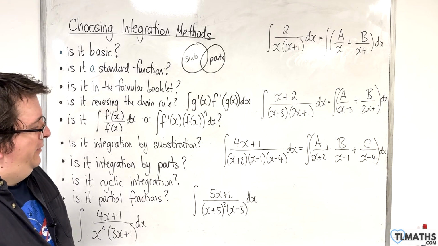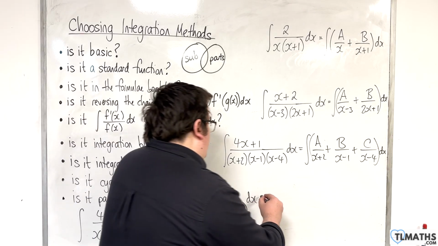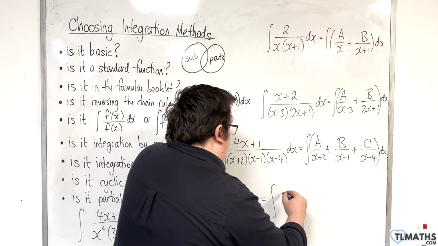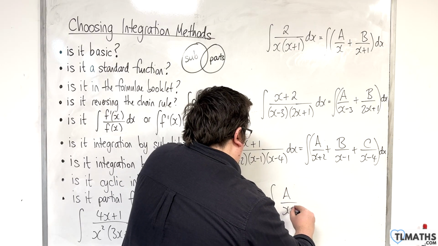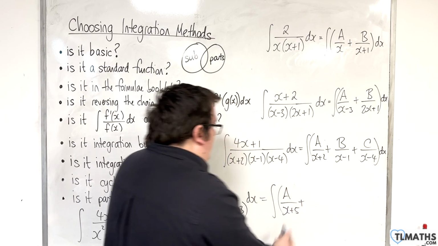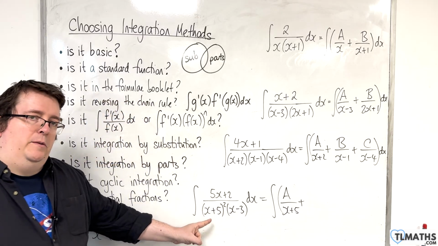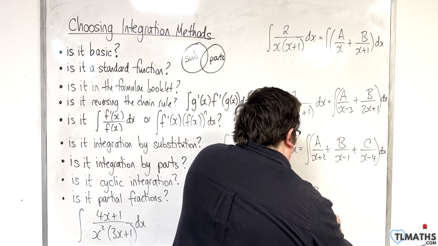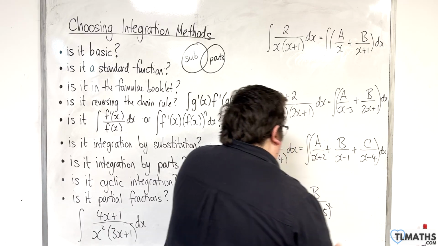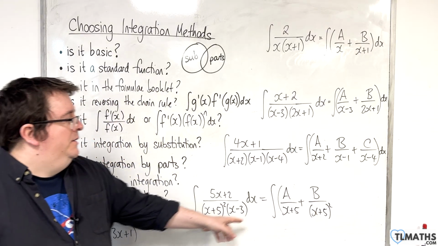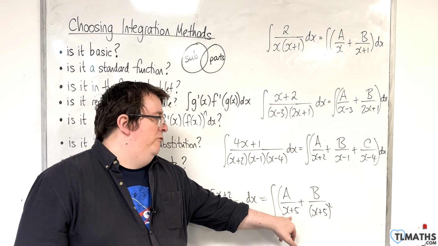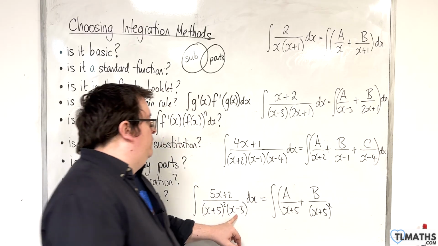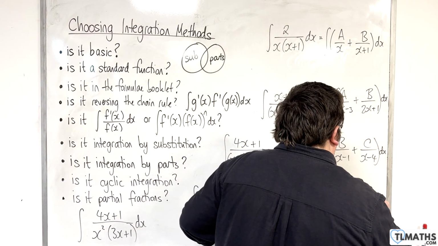This one, 5x plus 2 over x plus 5 squared, x take away 3. So we want to write that as a over x plus 5. Because of the squared in the denominator, you get a singular plus a double. So for the bracket that gets squared, you want one that has it to the power of 1, one to the power of 2, and then you've got c over x take away 3.